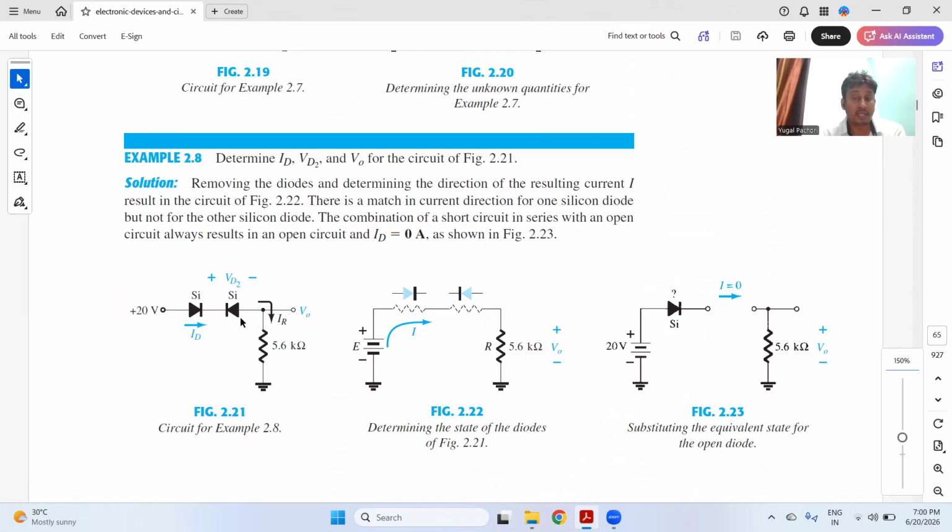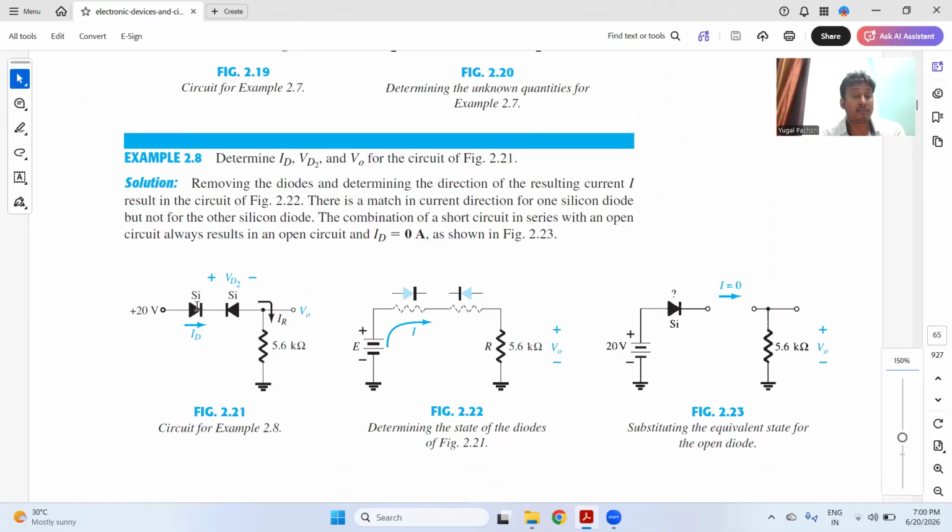The drop will be according to the bias: in figure 2.23, this diode will be on and this diode will be off. The voltage drop here will be different from the voltage drop here. Now, suppose these two diodes are silicon in nature. If one is silicon and the other is germanium, then the drop of germanium is 0.3 and the drop of silicon is 0.7.